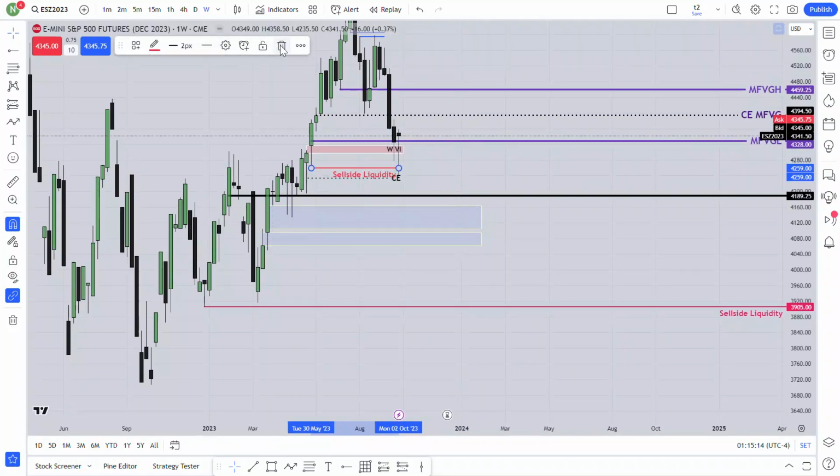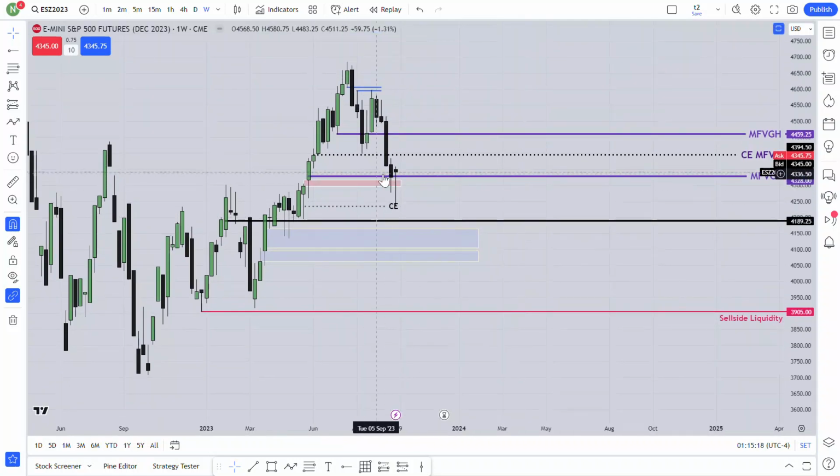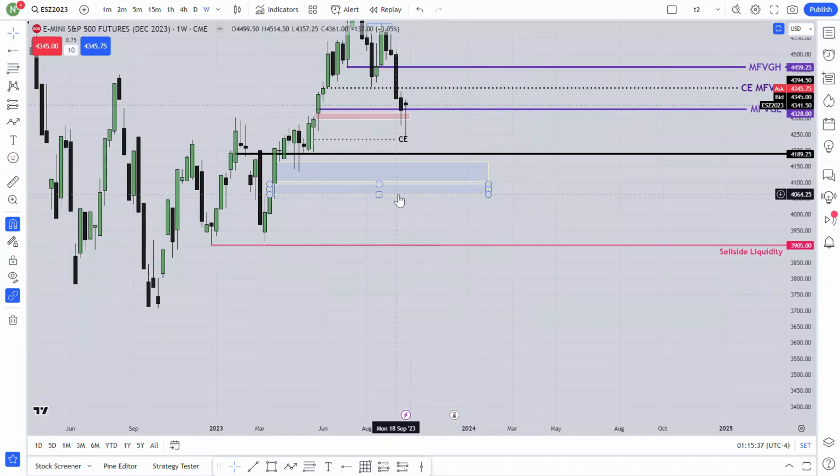So I'll just remove this sell side liquidity because it's distracting. Right now price is inside this monthly fair value gap, and you see this candle high and this candle low. This is a weekly fair value gap, also the consequent encroachment of the monthly fair value gap. So what can happen, it can go above, trade this fair value gap, and then start to go lower, because I would like to see the market come to this weekly fair value gap and also the weekly volume imbalance.